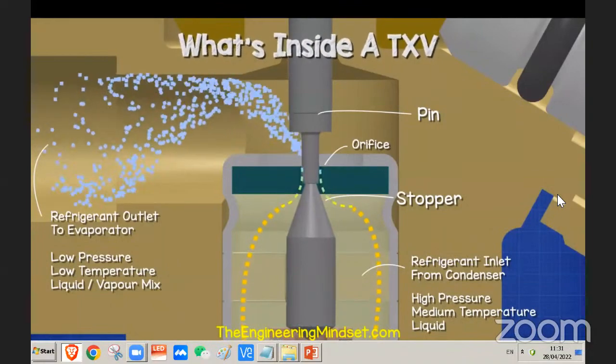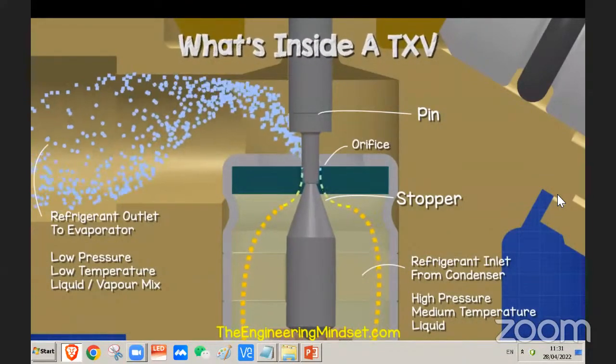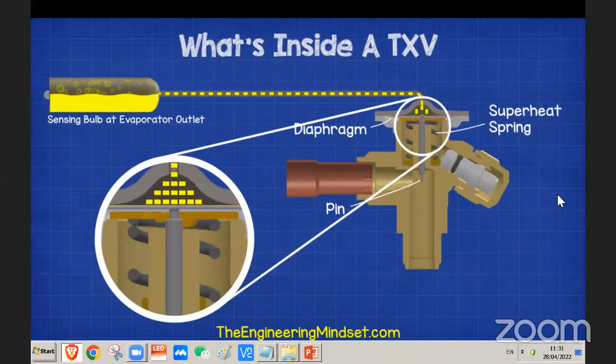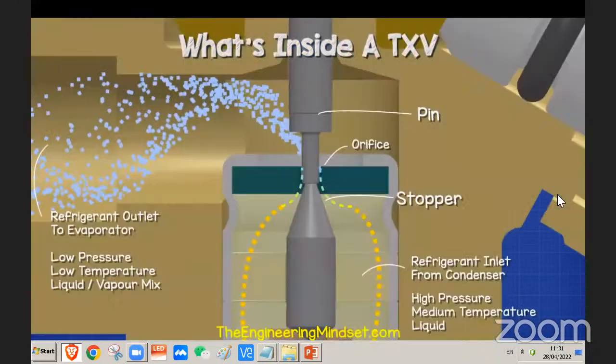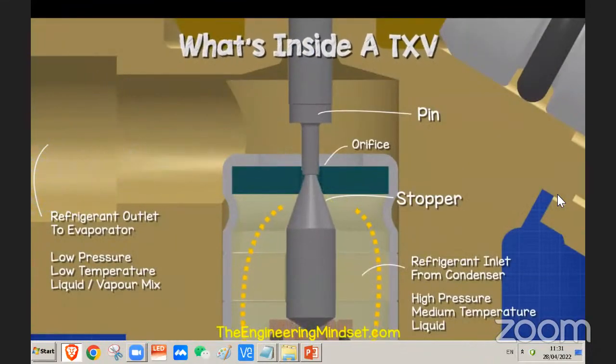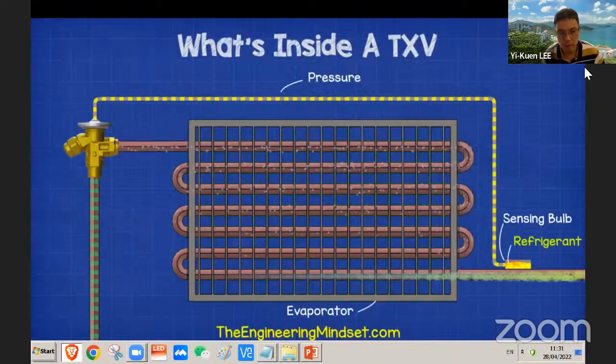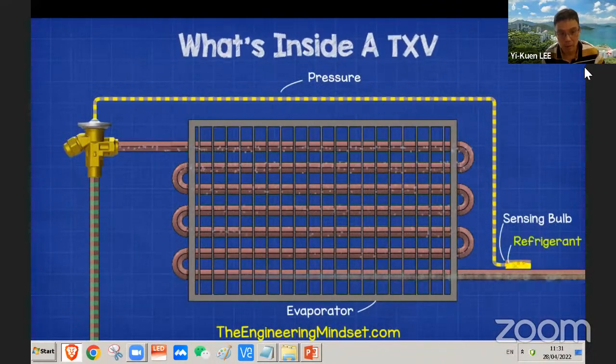As more refrigerant flows, the superheat decreases and so the pressure in the sensing bulb and capillary tube decreases, which means there's less pressure pushing the diaphragm down. The spring then pushes the diaphragm back up, which causes the pin to move up, and as the pin rises, the spring-loaded stopper begins to close the orifice, which reduces the amount of refrigerant that can flow. This repeats constantly and stabilizes the valve to ensure the correct amount of refrigerant can flow.